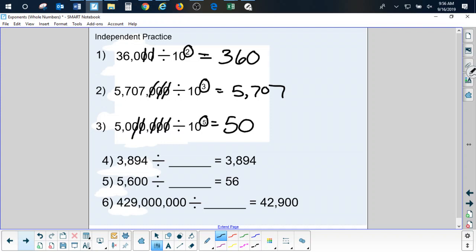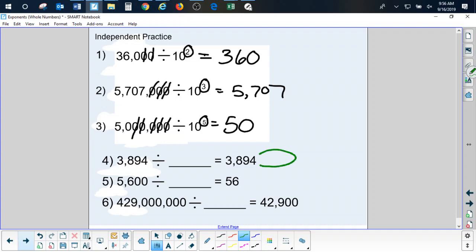And on the bottom, again, we're looking for the exponent form or expanded form or standard form of a number that we could divide to make this equation true. So I have 3,894 divided by some number is going to give me 3,894. It's the same situation.